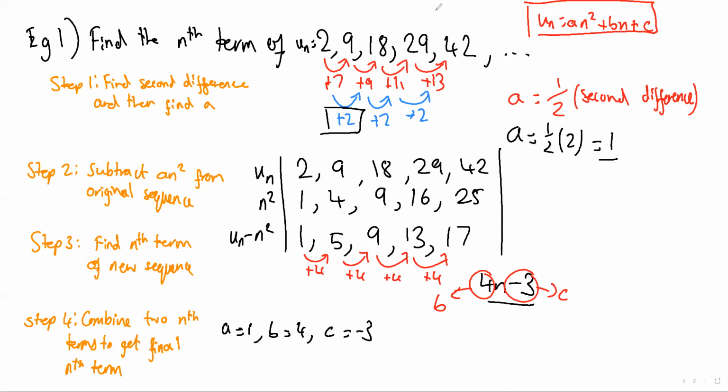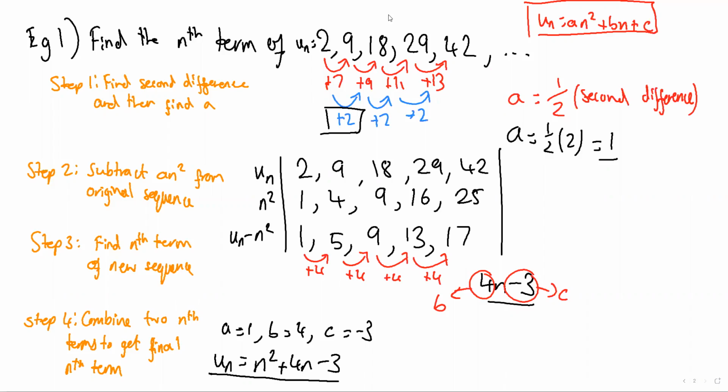We can just substitute that into the formula up here, and we get u_n equals n squared plus 4n minus 3. And that is our final nth term.